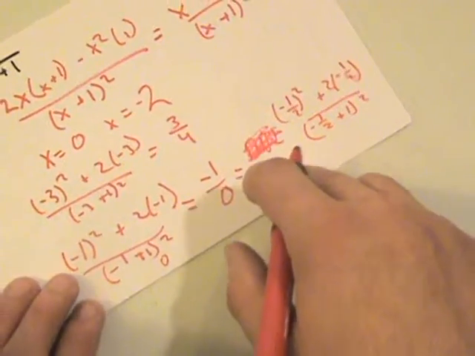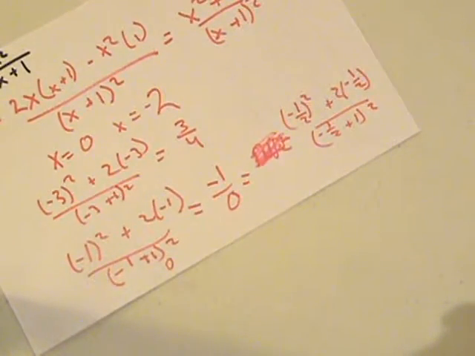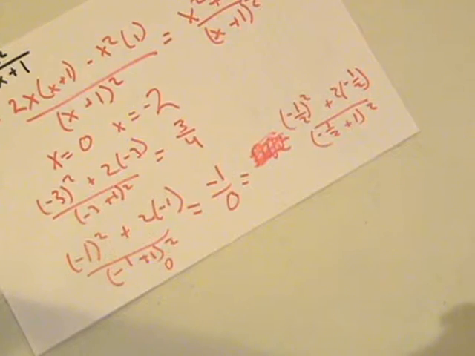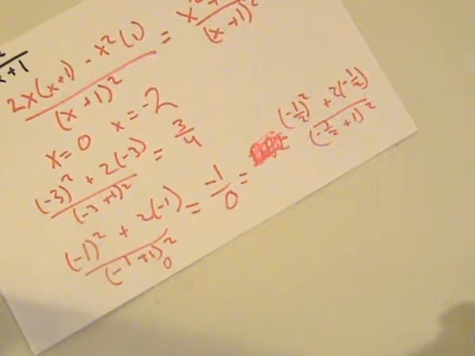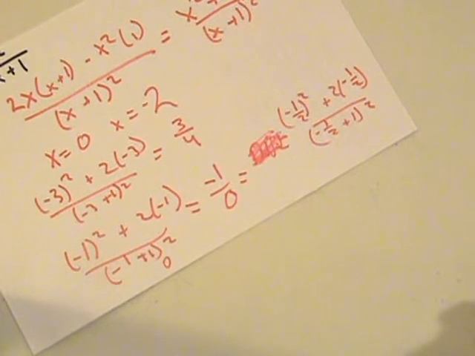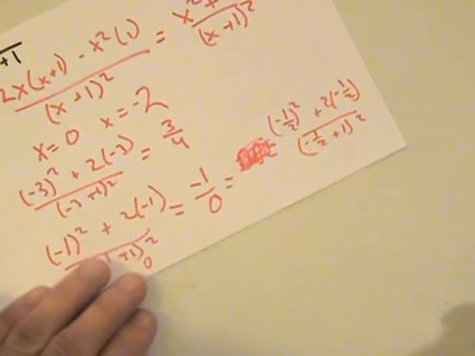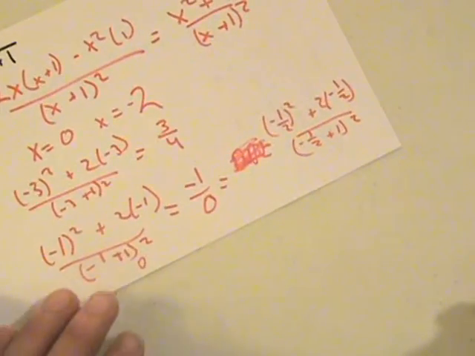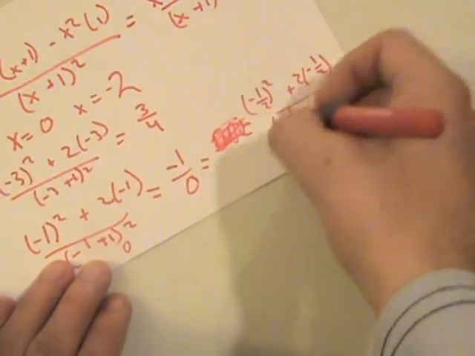So when we do this, we get, okay, sorry. So when we plug in -1/2, we get the answer -2.